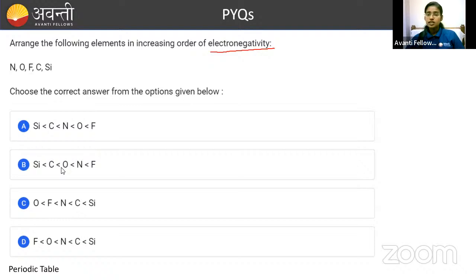We have 118 elements in the periodic table, so among those 118 elements, which is the first most electronegative element? Very good, Amal. It is fluorine. So obviously, the option with fluorine, the highest electronegativity, is going to be the correct answer.